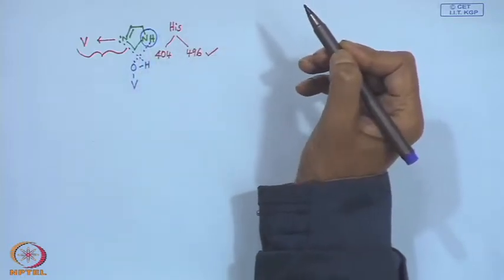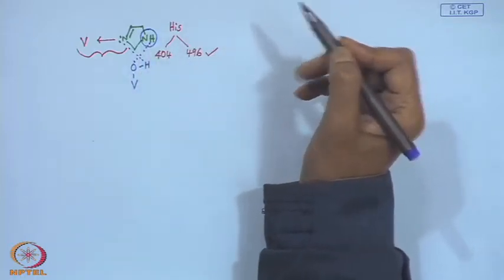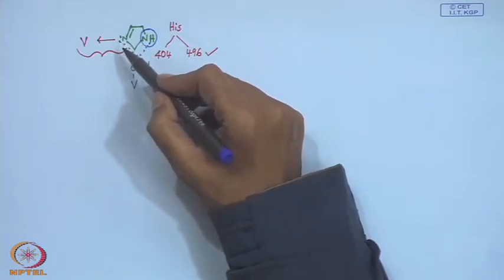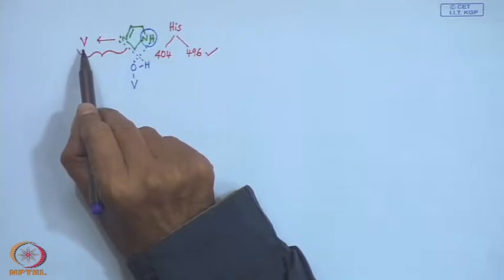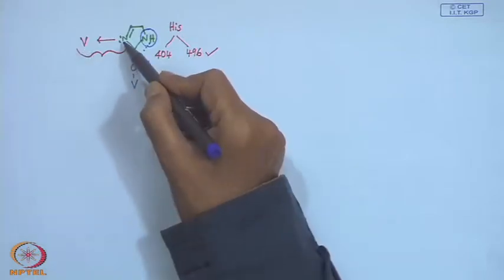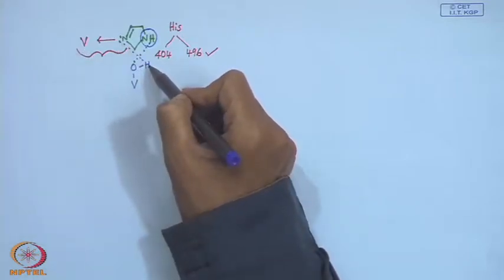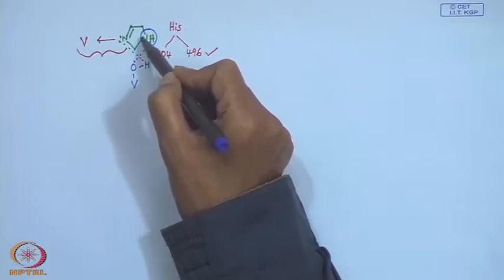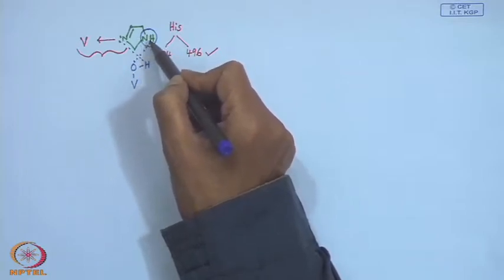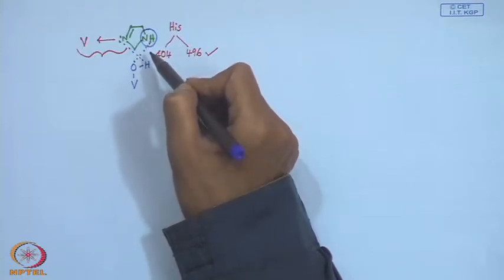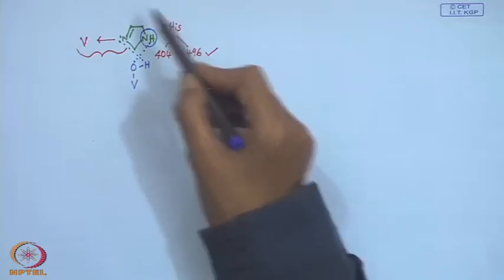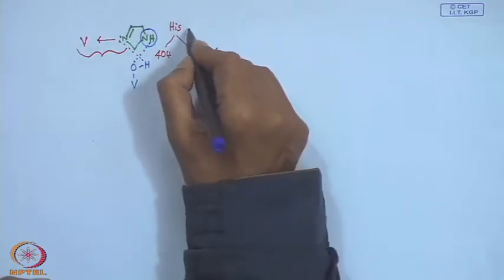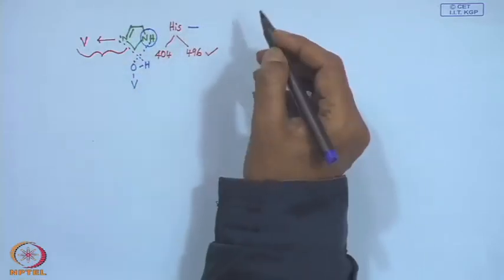So, we can have two different options: whether this nitrogen is available, not engaged in any other kind of interaction besides bonding with the vanadium, such that it can show hydrogen bonding interaction taking the hydrogen of the OH, or this NH can show the same hydrogen bonding interaction with this oxygen. So, this histidine can have dual roles to play.